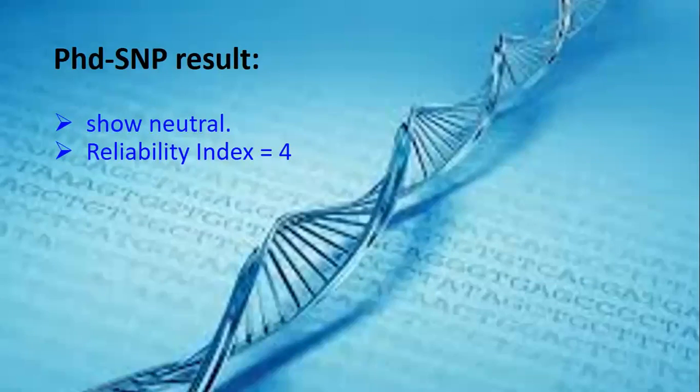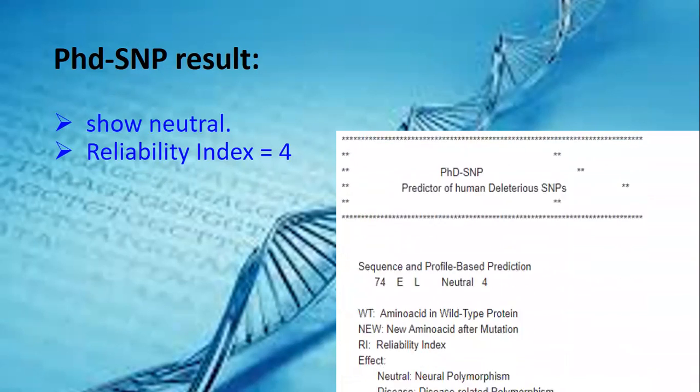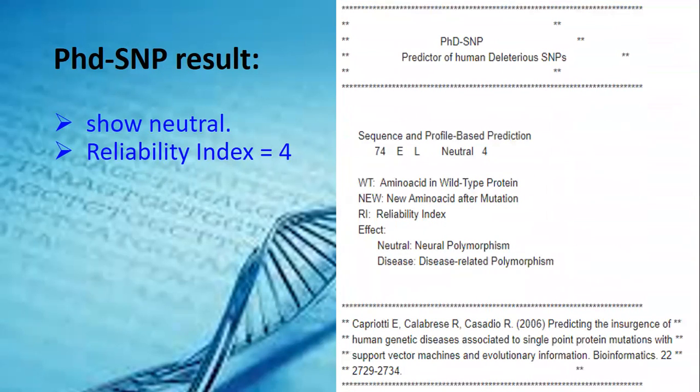So the Phd-SNP result. Phd-SNP gave us a neutral result. The reliability index is 4. So this is the result of Phd-SNP that gave us neutral, and the reliability index is 4.